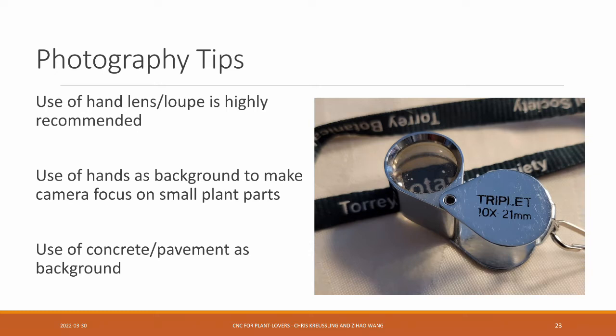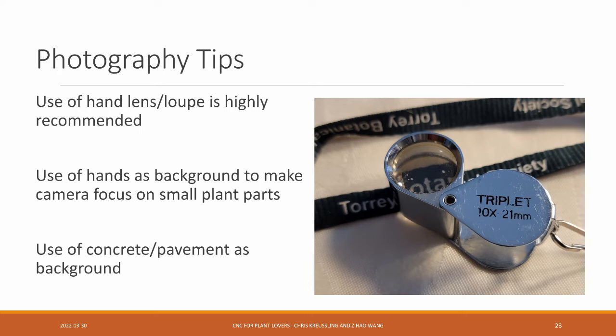And then once you have this, in combination with a smartphone, which I assume most of you use to take pictures these days, it becomes a very powerful tool to access the most useful level of details needed for plant ID on iNaturalist. The second method is to use your hand.